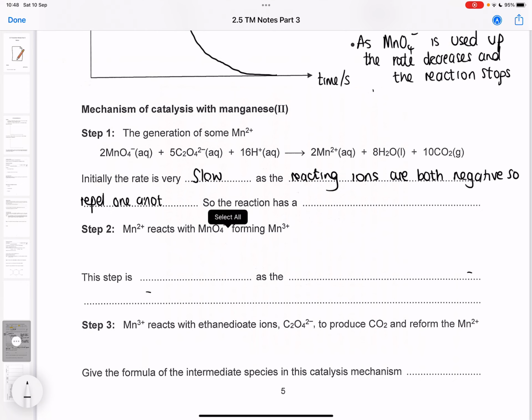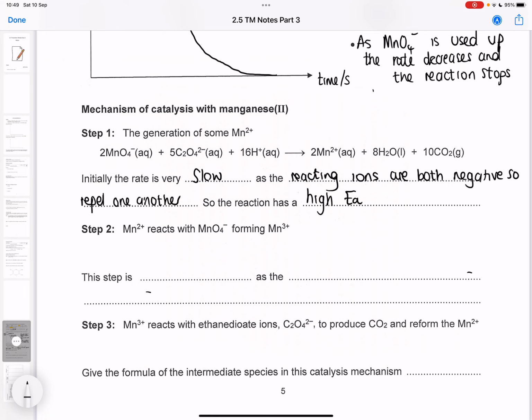As a result of that, the activation energy is very high. What happens then is some Mn2+ forms. Now Mn2+ is able to be oxidized to Mn3+. That's how it's going to act as a catalyst, and it reacts with the MnO4-.